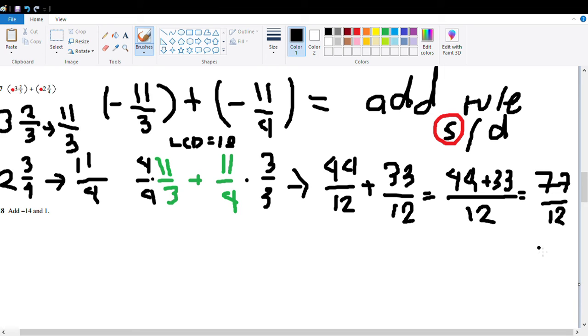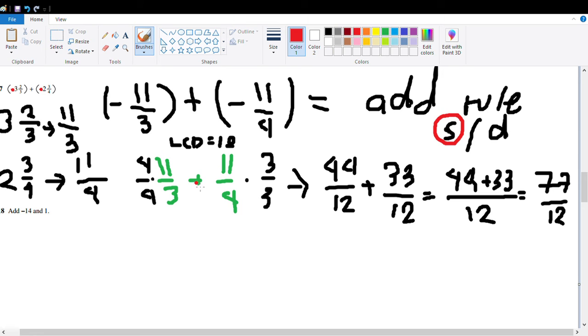If you simply put 77 over 12, you're going to get it wrong because addition is not just a one-part problem. We simply don't add or subtract. We need to determine the sign of this number. So what does the addition rule say when we have same signs?